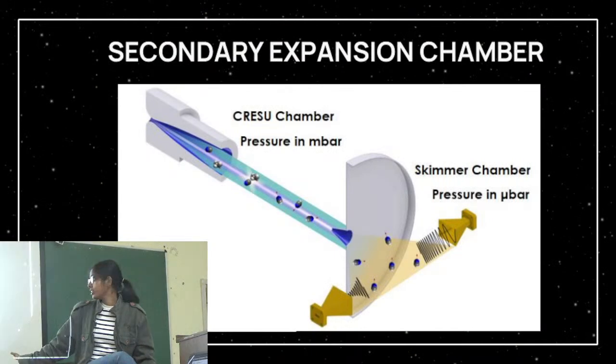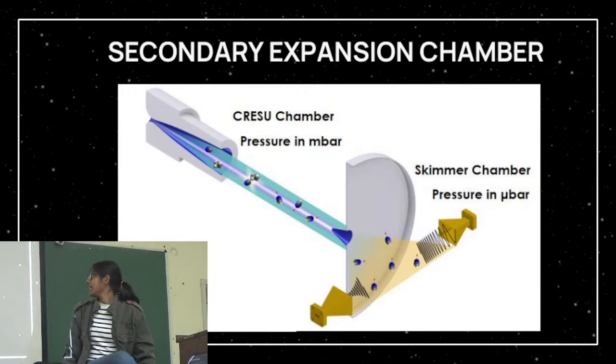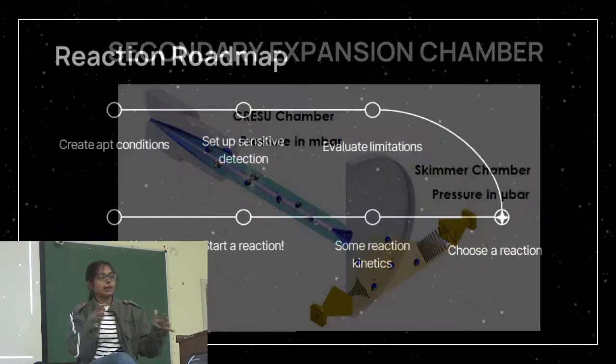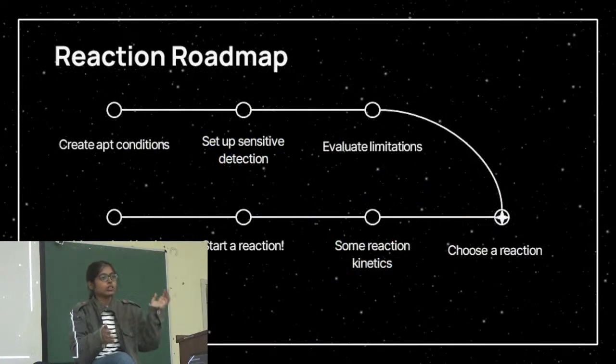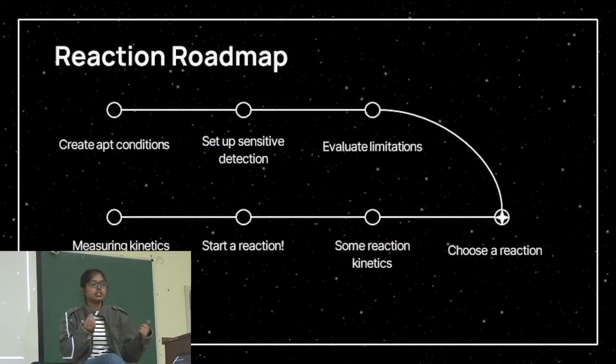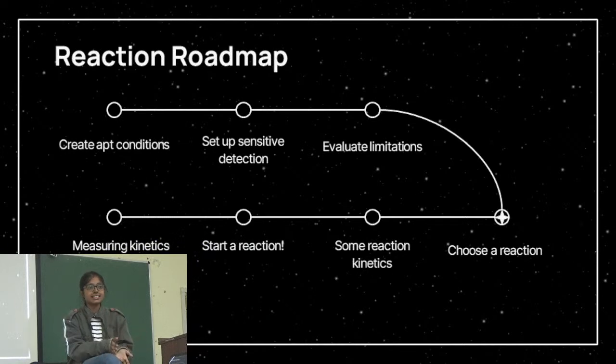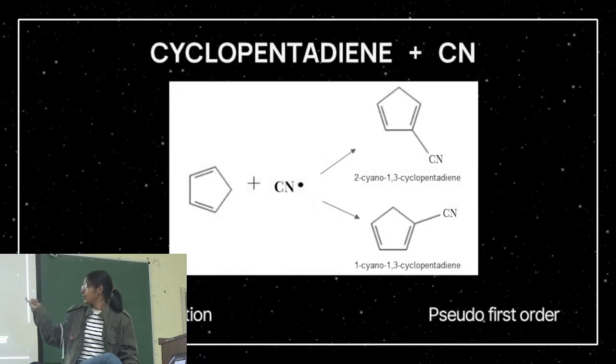This is what the setup actually looks like. Now that we have some understanding of what the apparatus is, we can choose the reaction and understand how kinetics are measured. Like I said, we'll be choosing a reaction with a radical that is relatively fast.